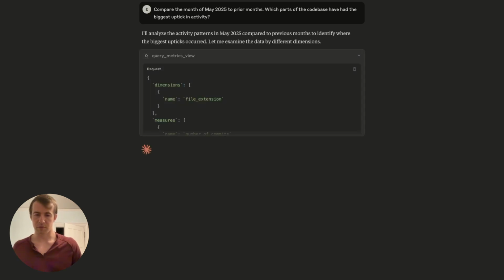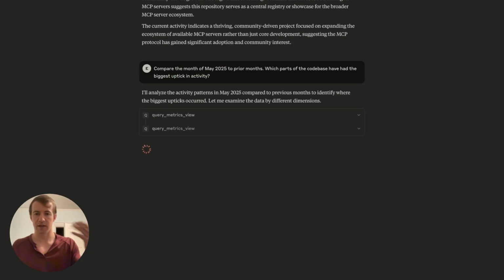So Claude will not have to start its analysis loop from the beginning. It already knows the metrics views available. It knows what measures and dimensions are available, so it can get right into hitting the Rill query APIs.